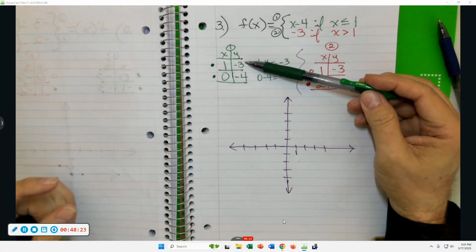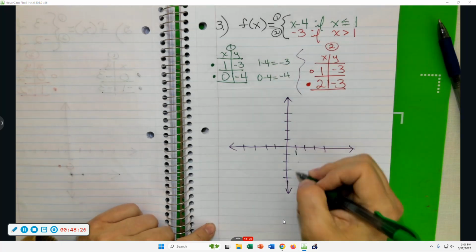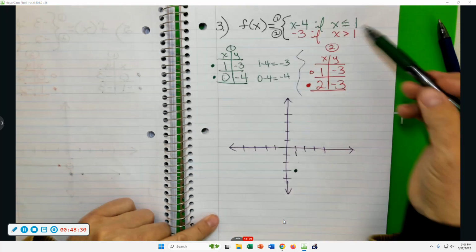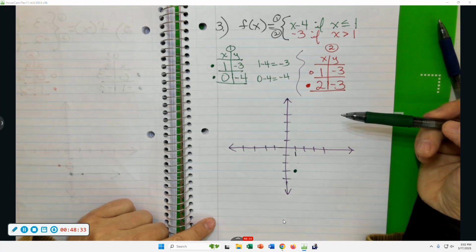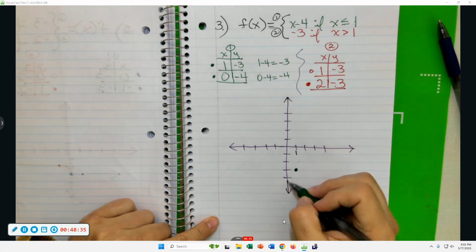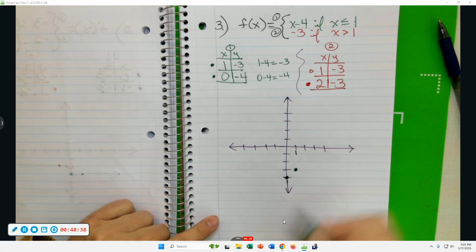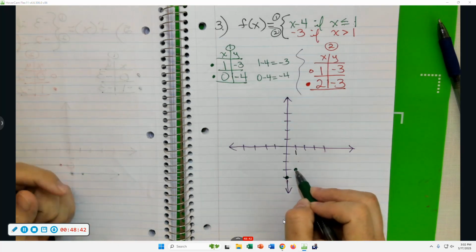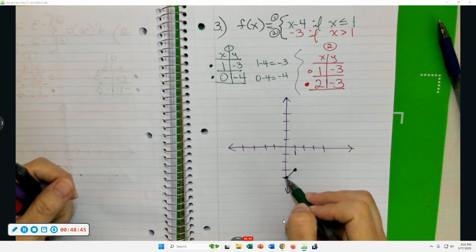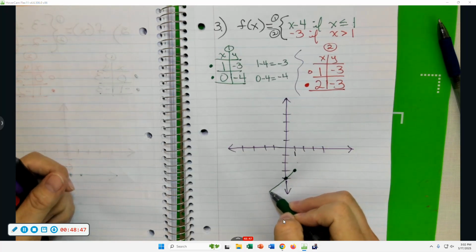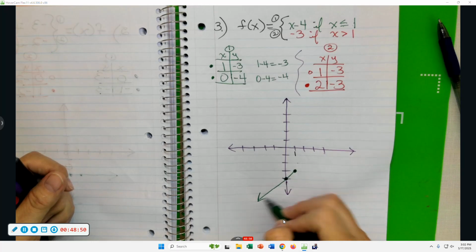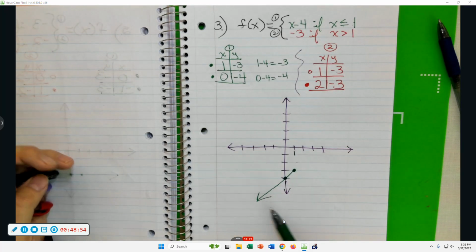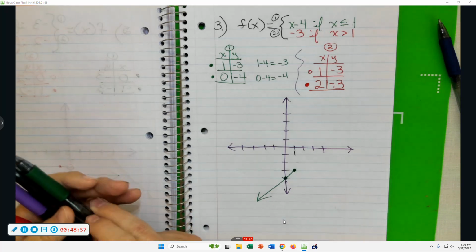Our cut point is 1, negative 3. Right 1 down 3, and it's a regular closed dot because x can equal 1. Then 0, negative 4, right there on the y-axis. It starts at the cut point and it goes towards the secondary point. Does it stop? No. That interval keeps going forever, so we have an arrow on the left side.